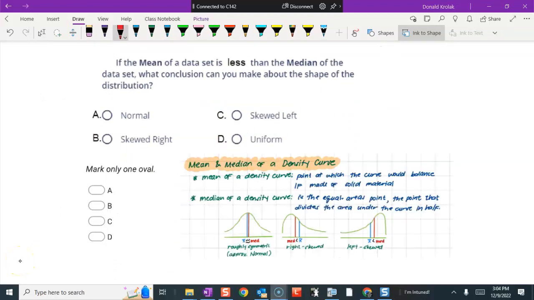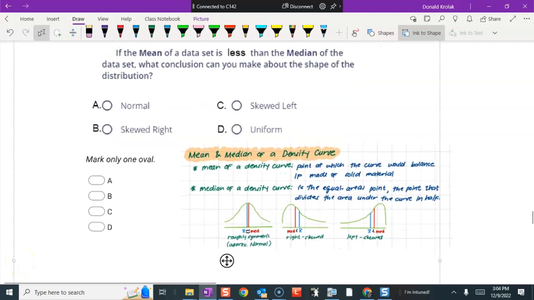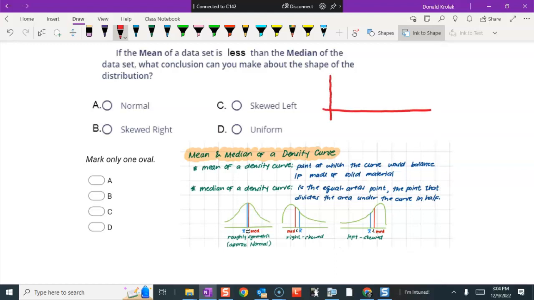Okay, if the mean of a data set is less than the median, what conclusion can you make about the shape? So if the mean was less, that means if we had a graph here, and I had a median, and the mean was smaller, the mean would be to the left of it.